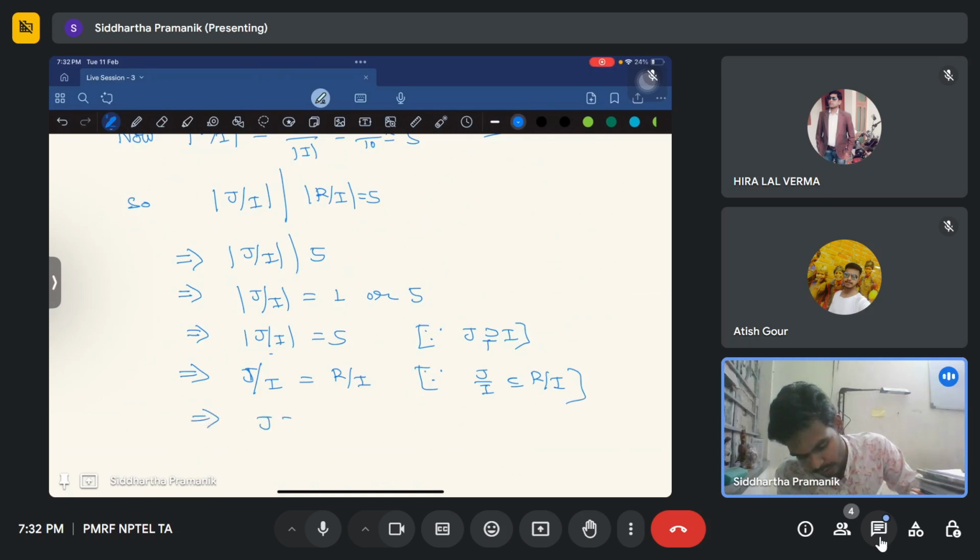So J equals R, because the cardinality of J equals the cardinality of R.